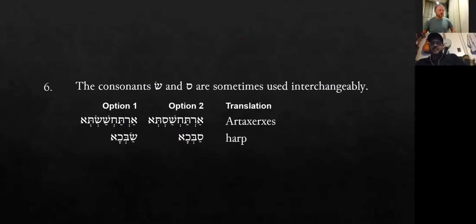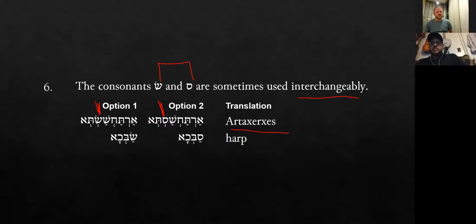And we are at rule number 6, which is that sin and samech are used interchangeably many times because they have the same sound. And when you're writing by sound, sometimes you just change letters out. So the name Artaxerxes, which is kind of important in the book of Ezra that we're going to get to later on, has that S sound that can be samech or it can be sin.